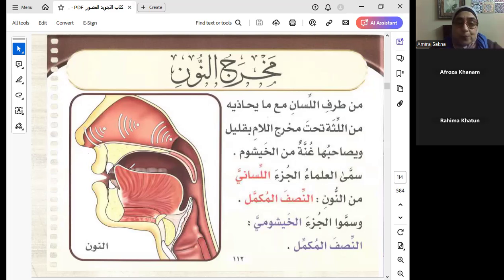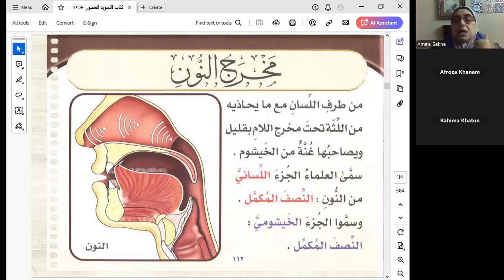Bayni or tawassut in Arabic means in between, in between rakhawa and shidda, the loose and the tight letter. This is regarding the main sifa of noon regarding the running of the sound.